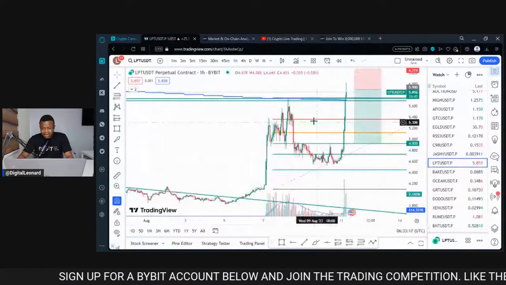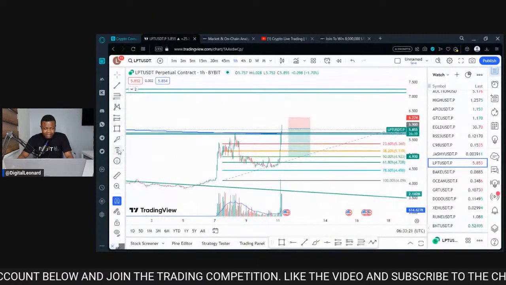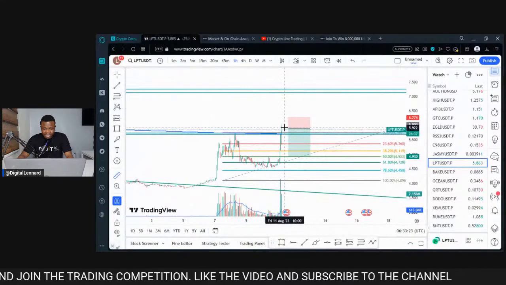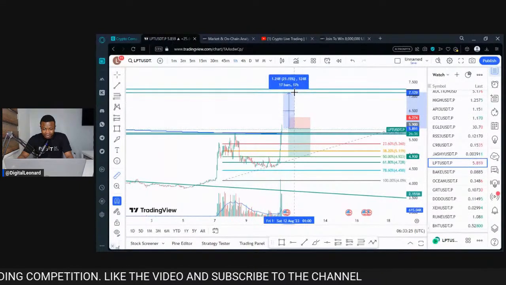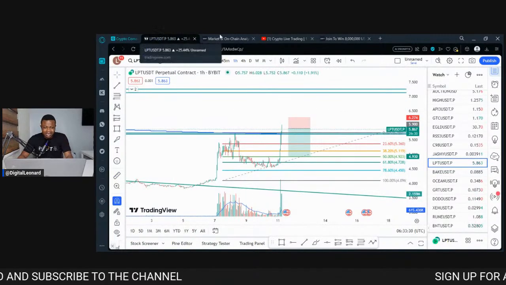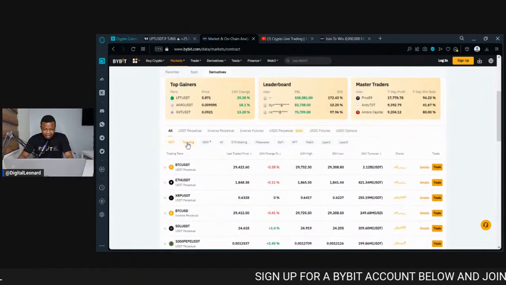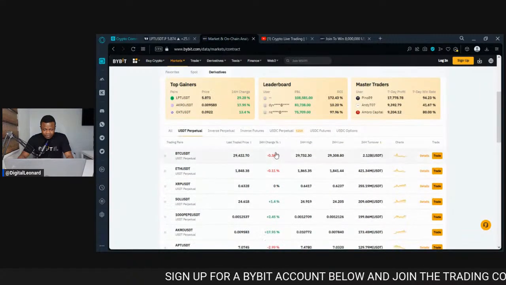From this level to that $7 level is still very far. Look at this. If you want to enter a trade from the current market price to this level, that is over a 20% move. I don't see this moving that high. LPT has already done like 20 something percent, right? Where's that LPT stuff?